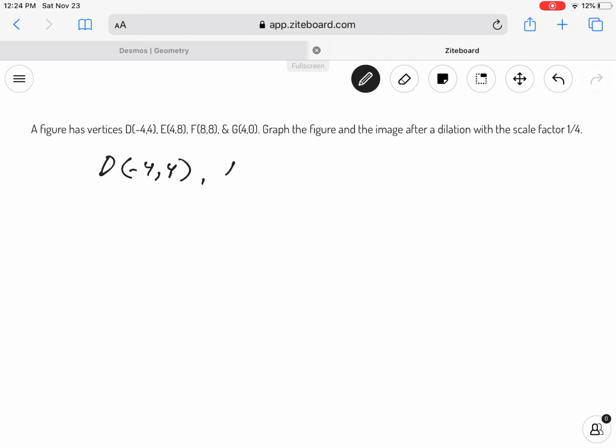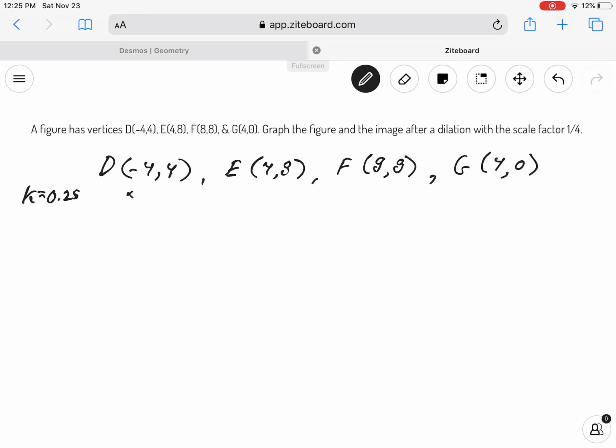And E, so this is a 4-sided polygon, 4, 8, and F is 8, 8, and G is 4, 0, and my scale factor k in this case is going to be 0.25 or 1/4.